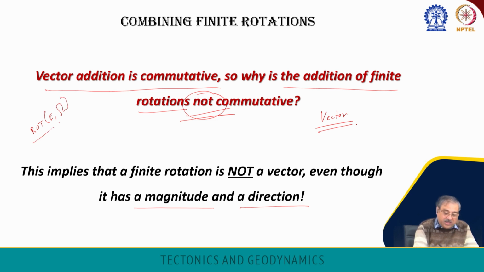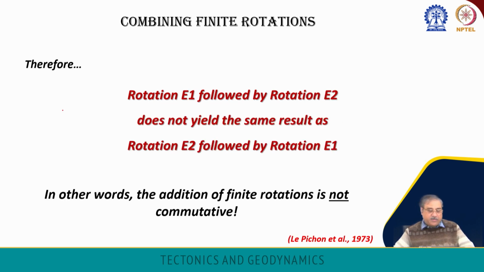If I write it this way, it means it's a rotation about a unit axis E, a unit vector in one particular direction, and omega is the magnitude of that particular rotation. This is exactly how we represent an angular velocity, right? It would be about a unit vector plus an angular velocity omega. We depict it with a small omega.